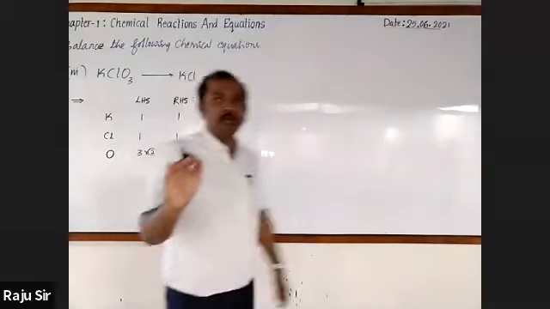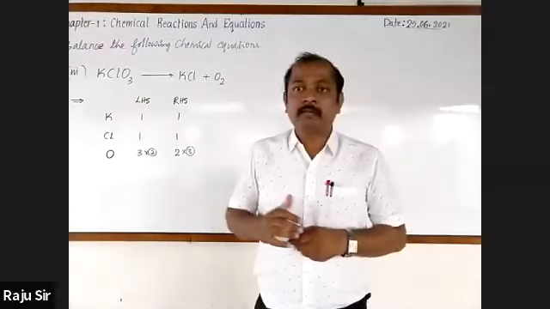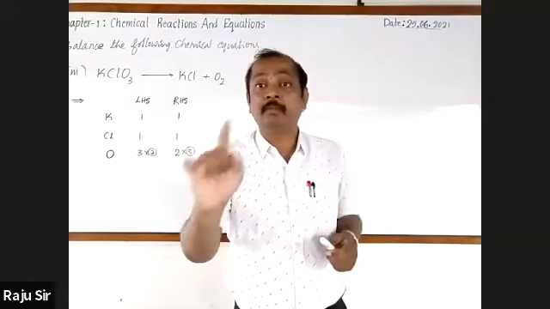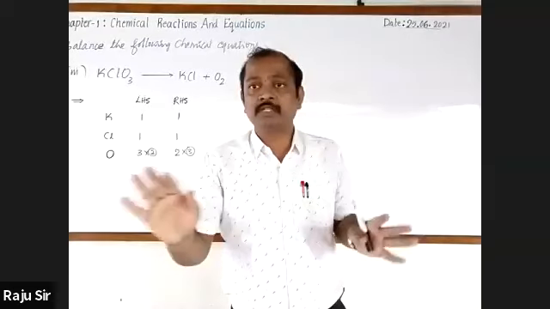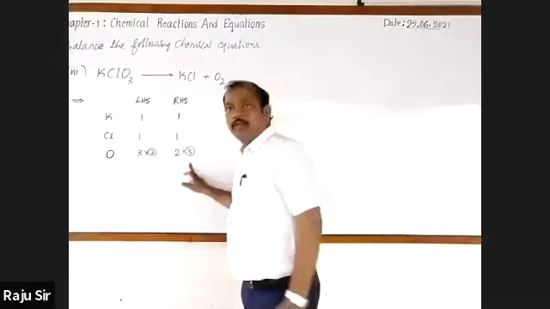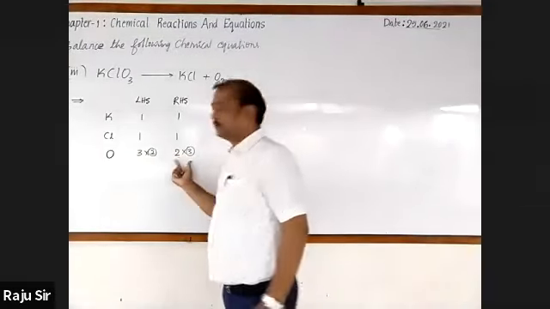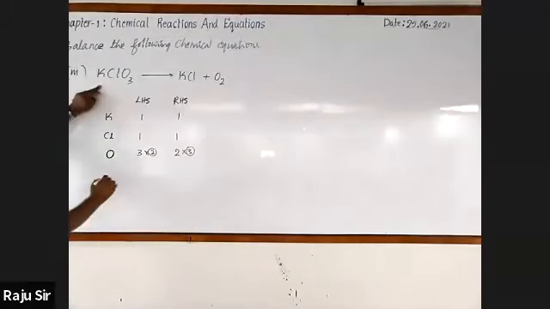I've already told you that in the hit and trial method, we focus on multiplication, no addition, no subtraction, and no division. Now see, here 6 atoms, here also 6 atoms.